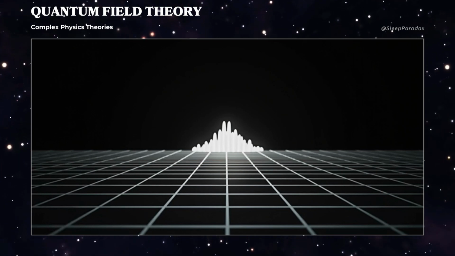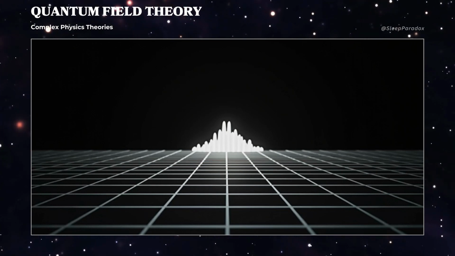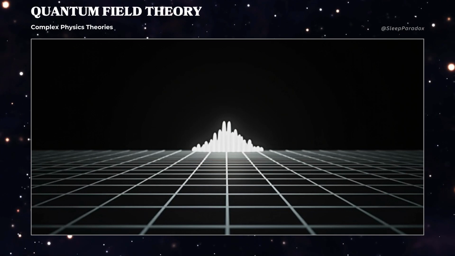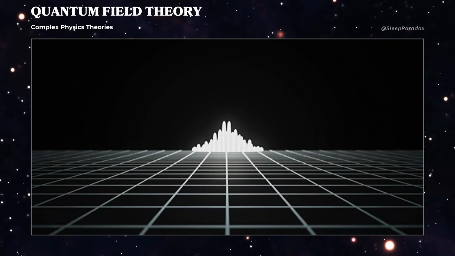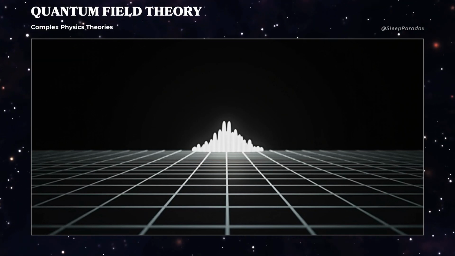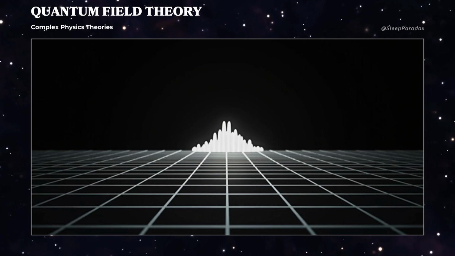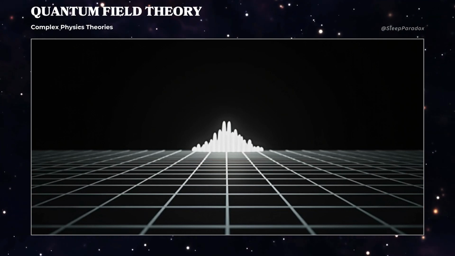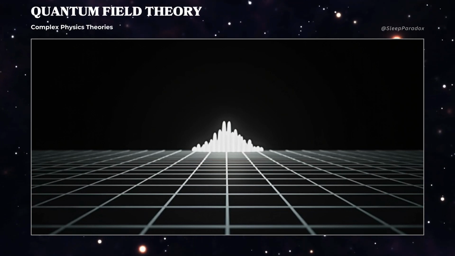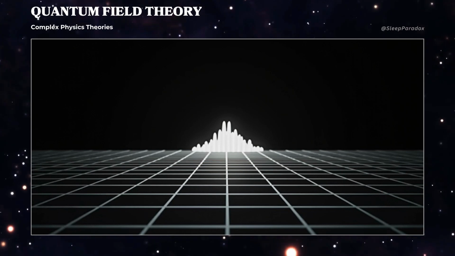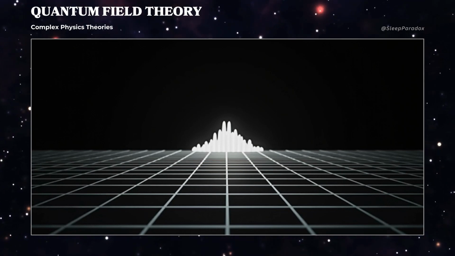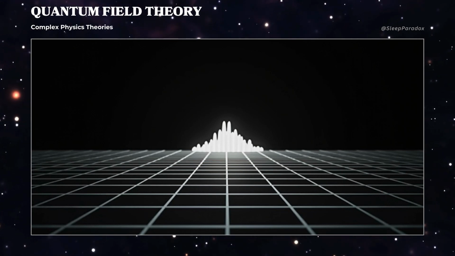Quantum field theory uses a mathematical tool called Feynman diagrams to represent particle interactions. In these diagrams, lines represent particles, and points where lines meet represent interactions. They provide a way to visualize and calculate the probabilities of different outcomes in complex particle processes.